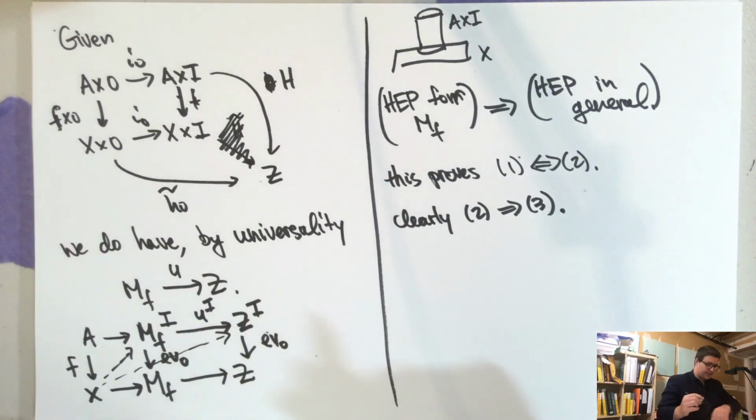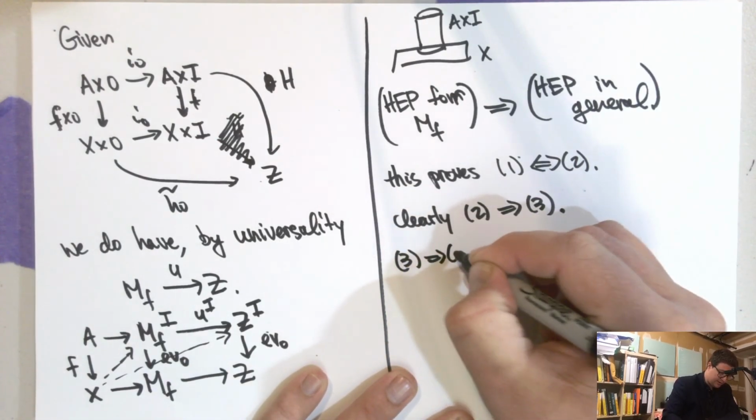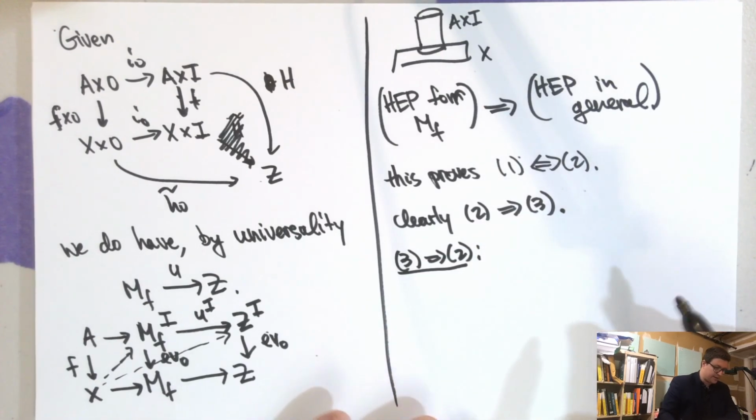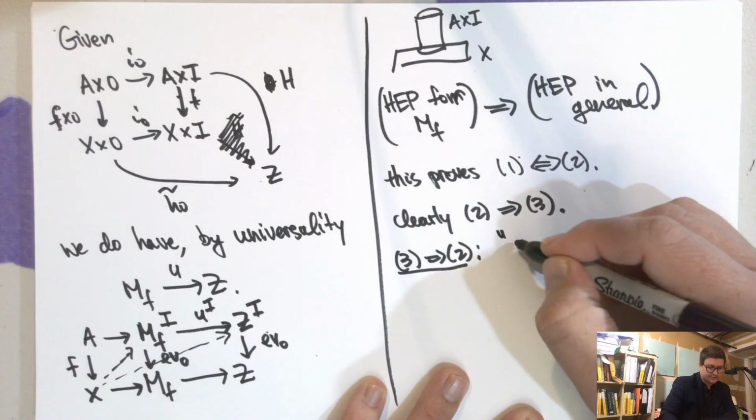Okay. So to show 3 implies 2. Okay, so the idea is to do the retract slowly.